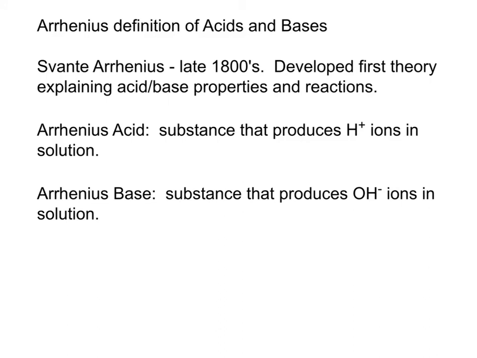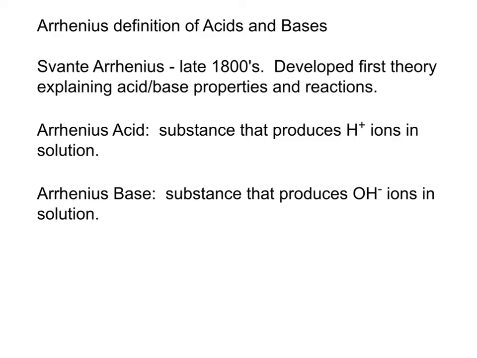All right, let's move on. This is leading us to our first type of acid and base definition, known as the Arrhenius acid and base. It was Svante Arrhenius in the late 1800s who developed his first theory explaining properties of both acids and bases. He simply stated that an Arrhenius acid is anything that produces H+ ions in solution.